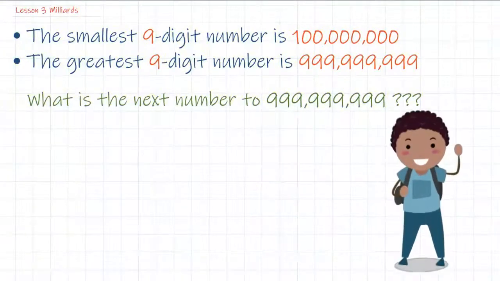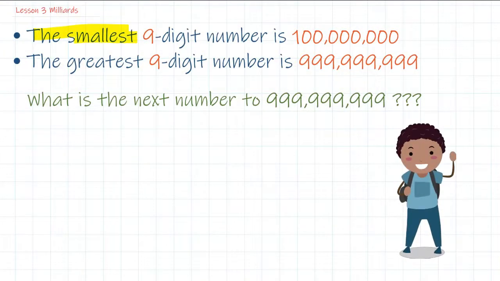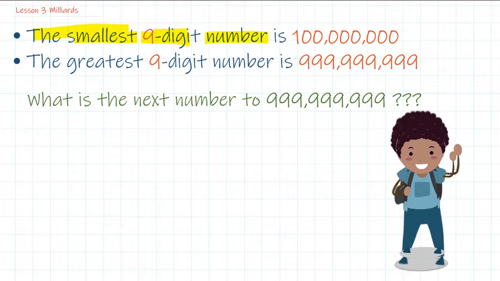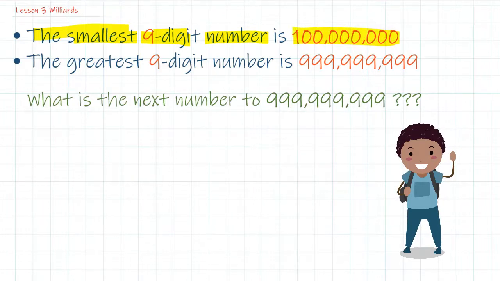Okay, now as we said before, the smallest 9-digit number is 100 million. Okay, and the greatest 9-digit number is 999,999,999. Let's ask a question here. What is the next number to 999,999,999?